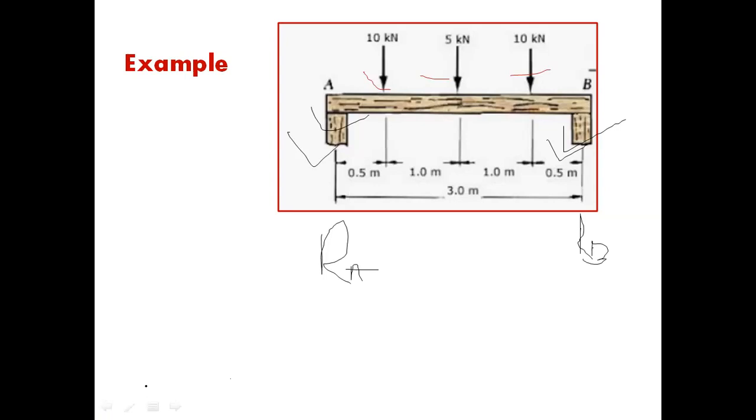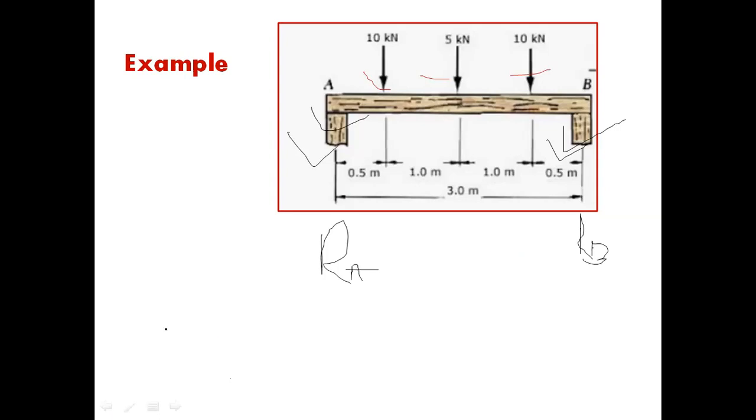So here we can see, how can I find out the SFD and the BMD? Before we draw the SFD and BMD, first of all we need to know the value of the reactions RA and RB.